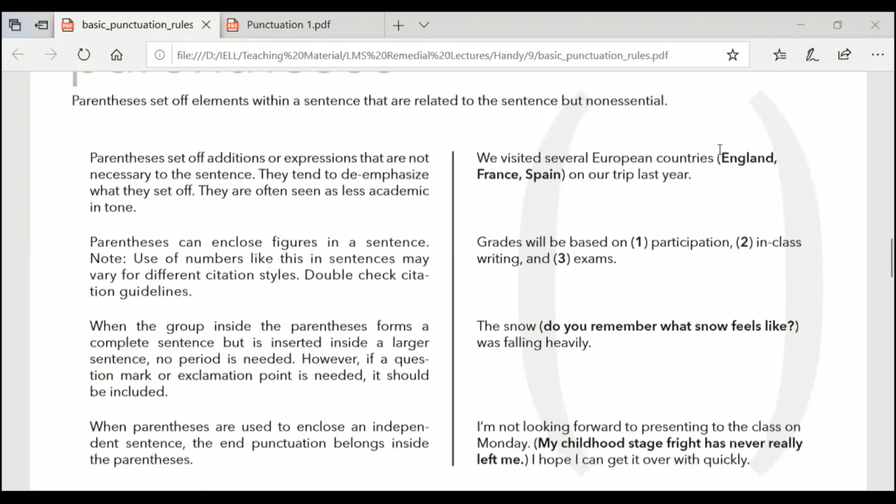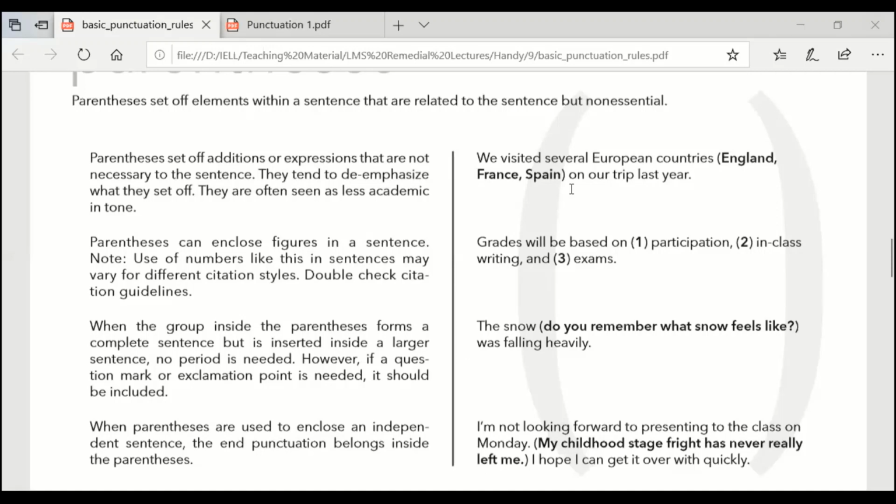So certain things that are not so important but are related to what we're talking about, we write inside the parentheses. Parentheses set off additions or expressions that are not necessary to the sentence. They're not so important, otherwise the meaning is clear. We use them inside the parentheses marks.